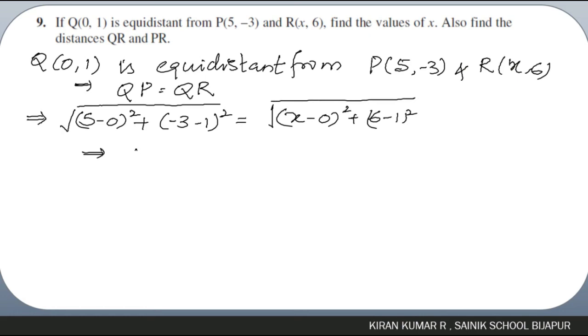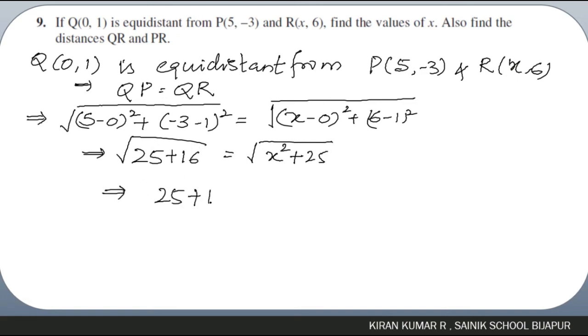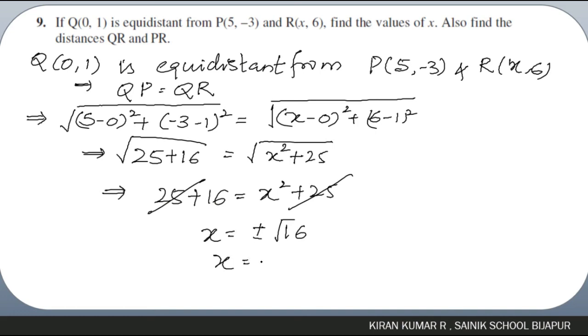Further simplify, we get root of 25 plus 16 equal to root of x square plus 25. Take square on both the sides, we get 25 plus 16 equal to x square plus 25. The 25 gets cancelled, we get x as plus or minus root 16. So x value is positive 4 or negative 4.